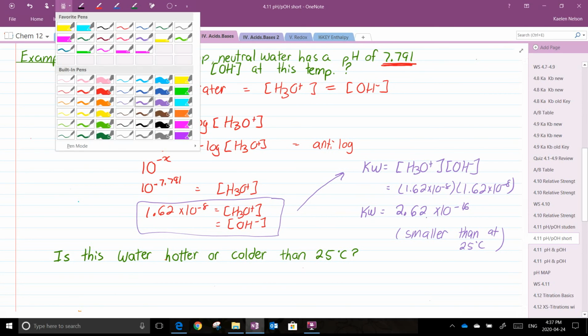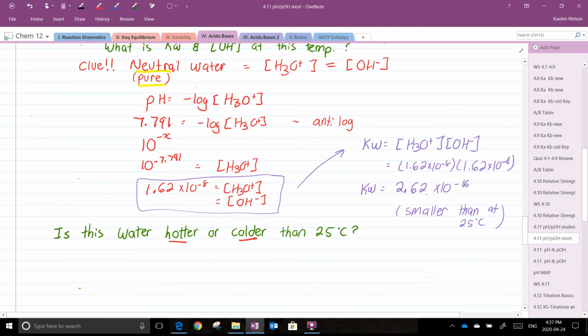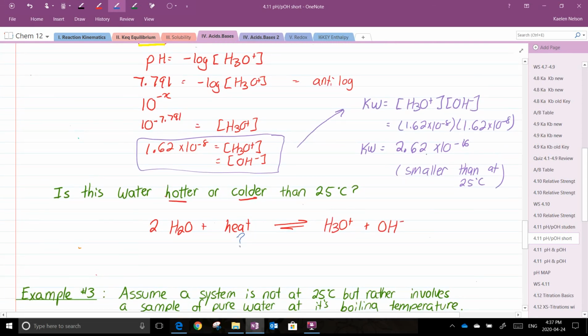Our next piece of the question asks you, is the water hotter or colder? So in order to do this, we need to remember that the ionization of water is endothermic, which means that our heat term is on the reactant side of the arrow. So here's an equation that I can use to apply my Le Chatelier's principle to. Now, I do not know if I am heating or cooling, so I'm not sure which way this is going to go, but I do know that I have a smaller Kw.